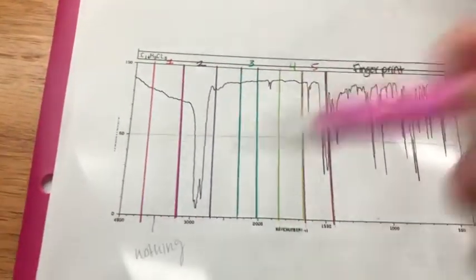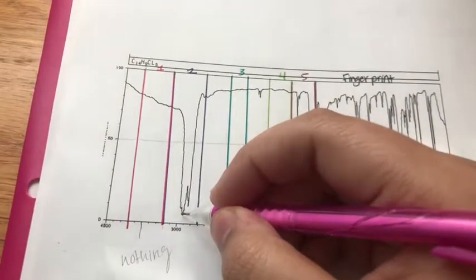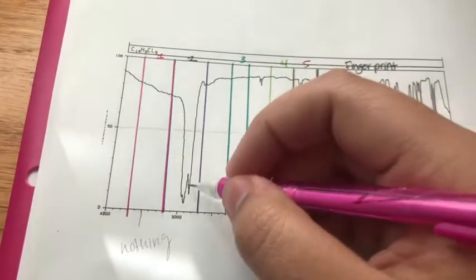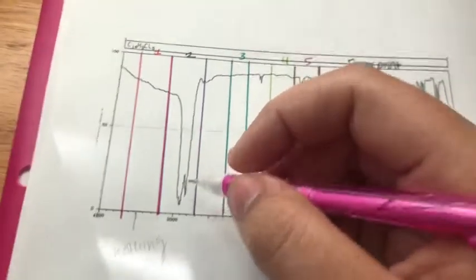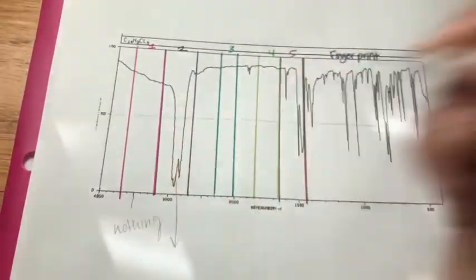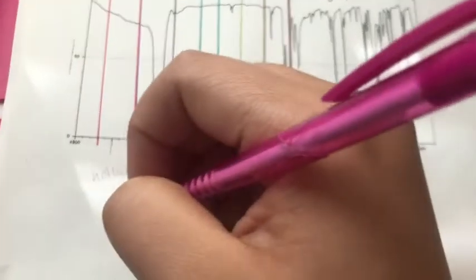And in zone 2, we have this peak right here between 3,000 and 2,900. And then we have this little one right here, which is between 2,900 and 2,800. And these are both indicators of alkanes and aldehydes.